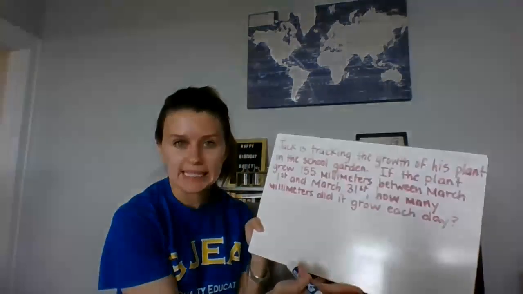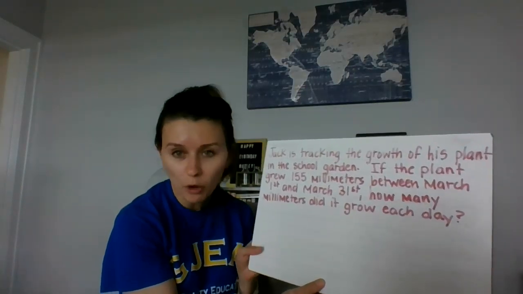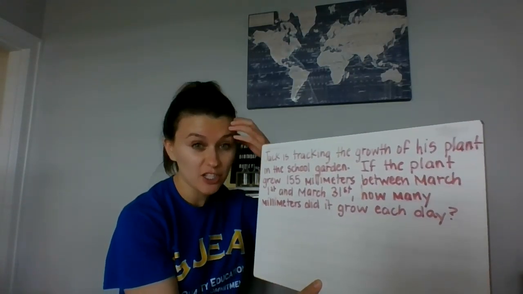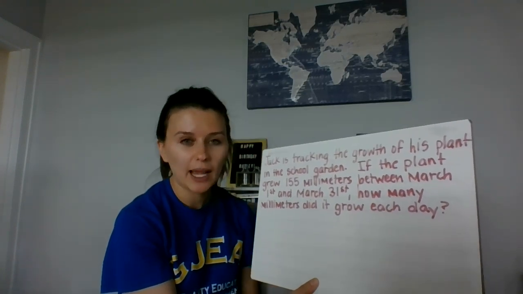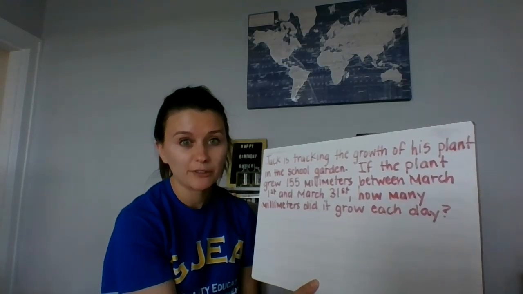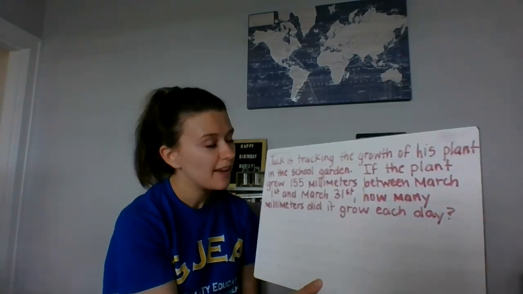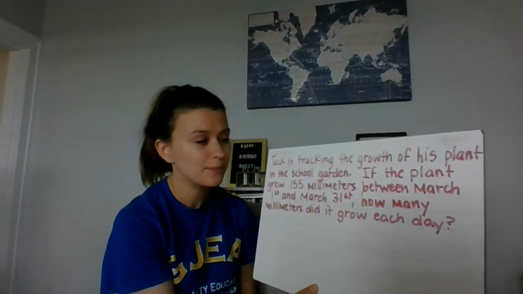So today our word problem is, and now remember with word problems we're going to read the whole thing, try to picture what's happening in our mind, and then look at what we're really solving to help us determine what operation we will use. So will we add, subtract, multiply, or divide?